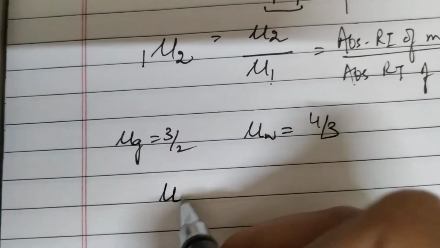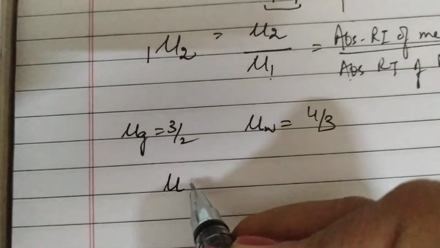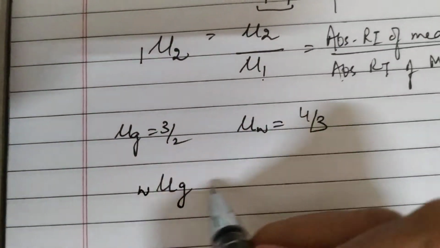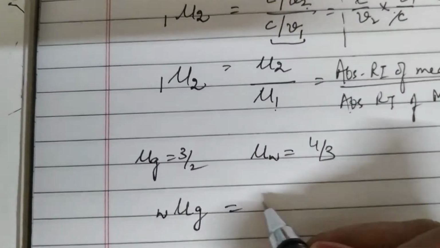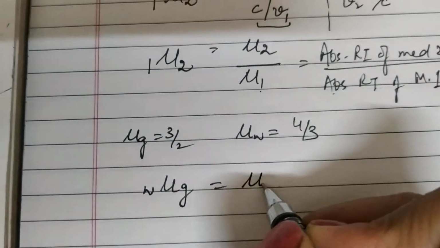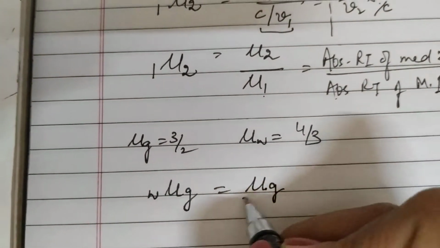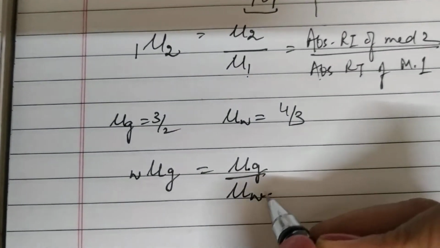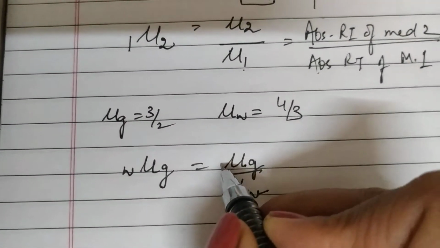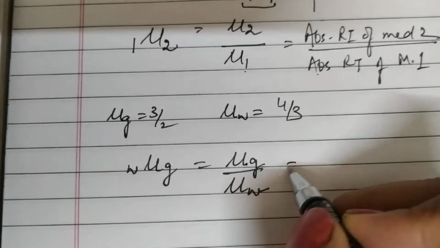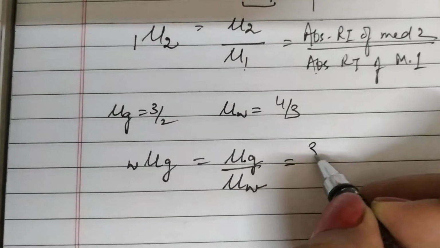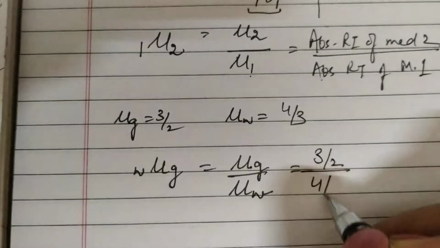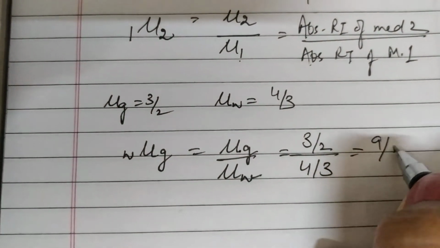And we are asked what is the refractive index of glass with respect to water. Then following this formula, it will be refractive index of glass upon refractive index of water. These are the absolute refractive indices when light was coming from air to glass or from air to water. Substituting these values, it will become 3/2 upon 4/3, or 9/8.